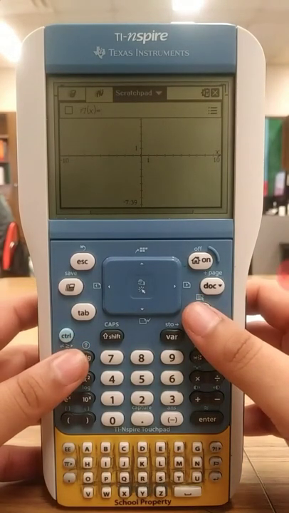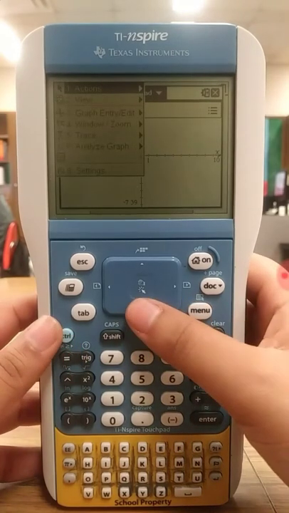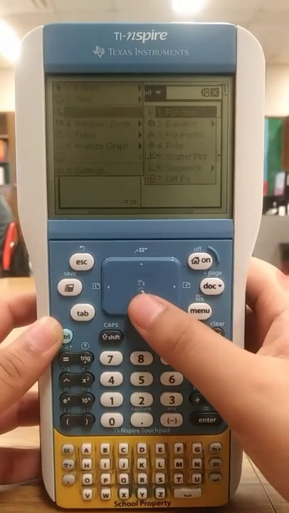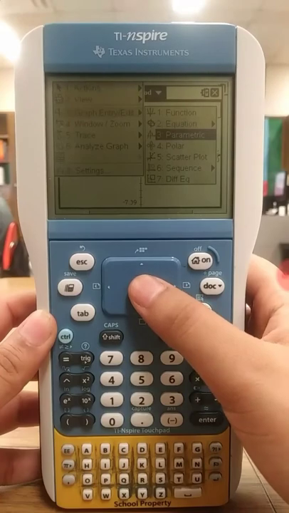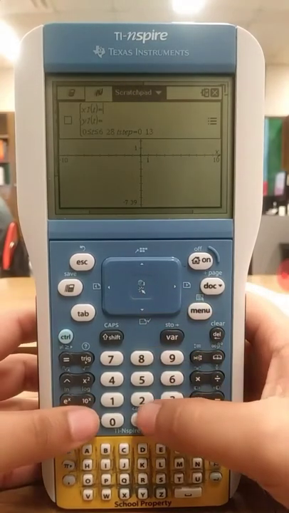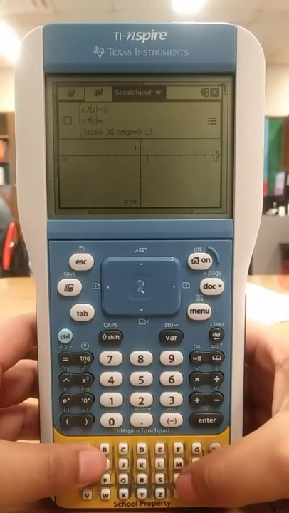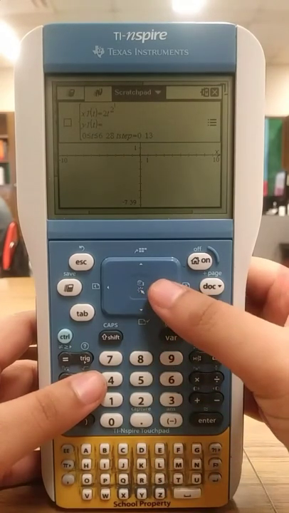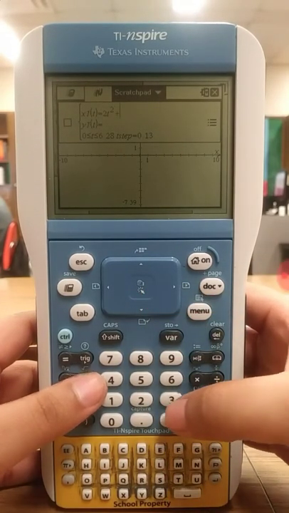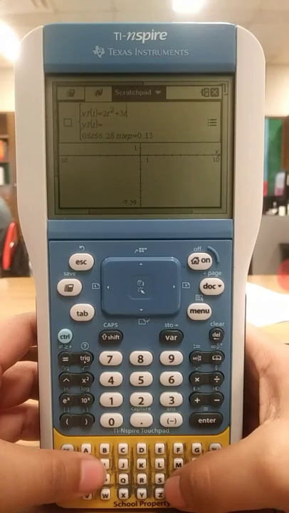If you want to check if your answer is correct, or if you want to see which answer choice is correct, you can just plug in the equations to see which graph matches. You can simply go to Menu, Graph Entry.